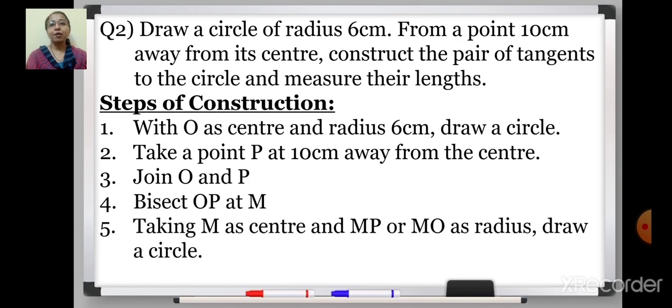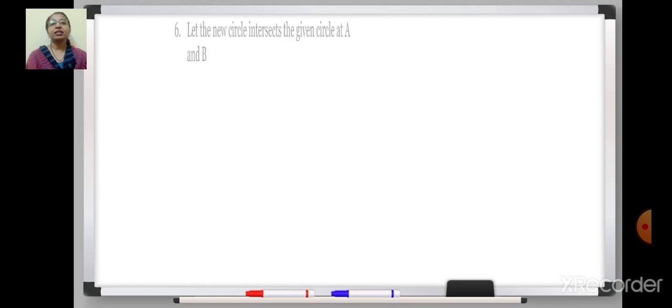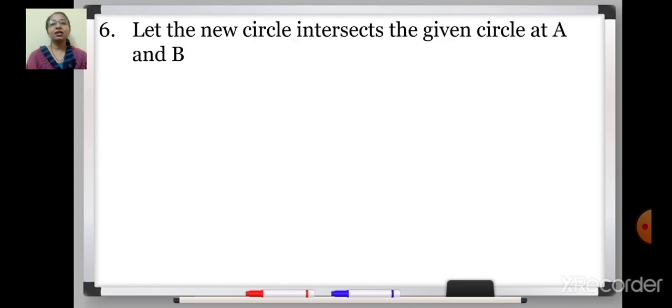Then taking M as a center and MP or MO as radius, we will draw a circle. That new circle will intersect the given circle, the previous one, in 2 distinct points, say point A and point B. Then we will join that exterior point P with these 2 points, PA and PB.